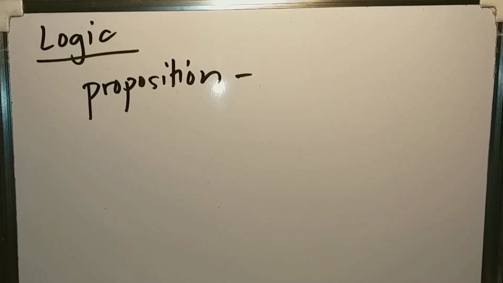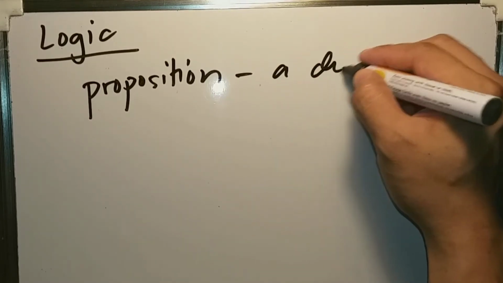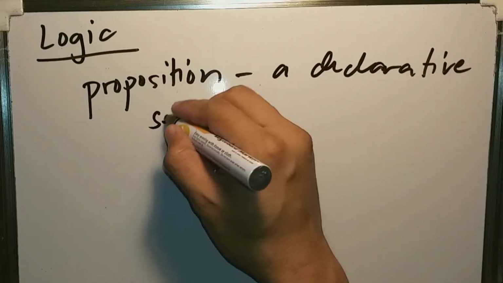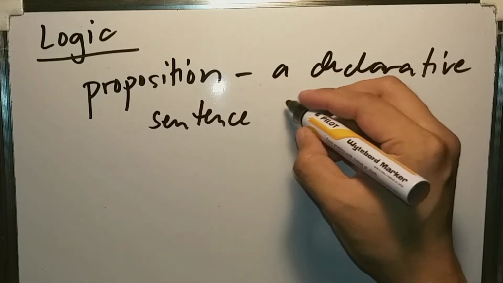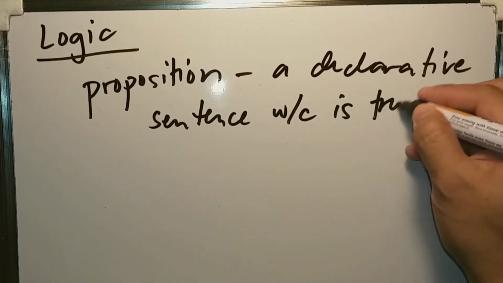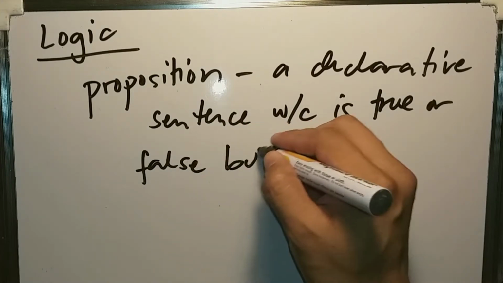So, a proposition in logic is a declarative sentence that is true or false, but not both. So, a declarative sentence which is true or false, but not both.